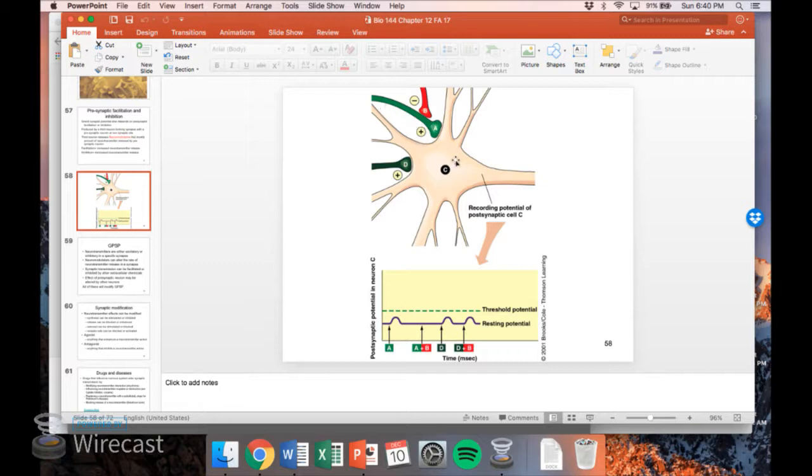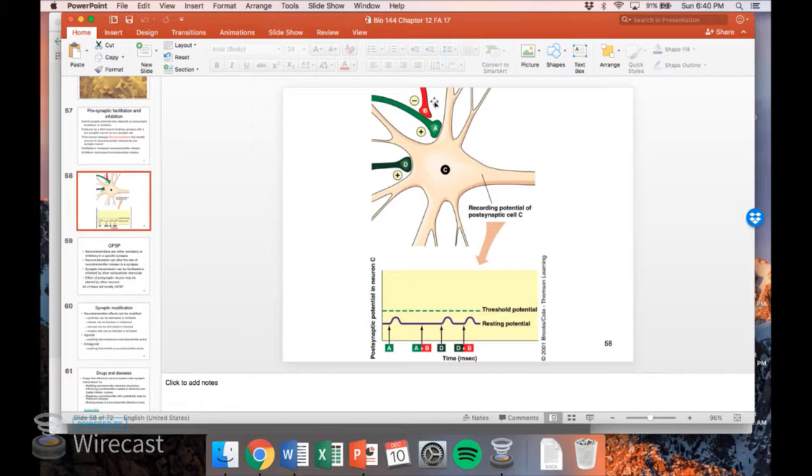So if A fires, it's going to have an excitatory effect on neuron C, that's our postsynaptic neuron. And we have this other neuron here, neuron B. So when A fires, we do have a slight depolarization, and it's a graded potential, so we're going to get a depolarization, and then it's going to stop.